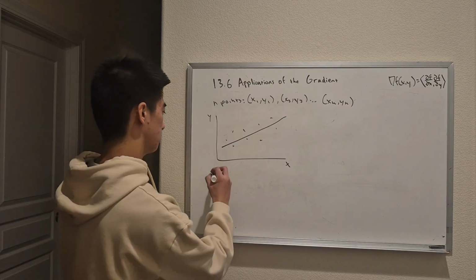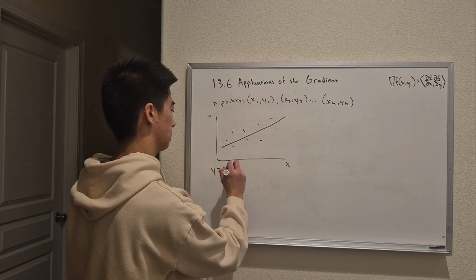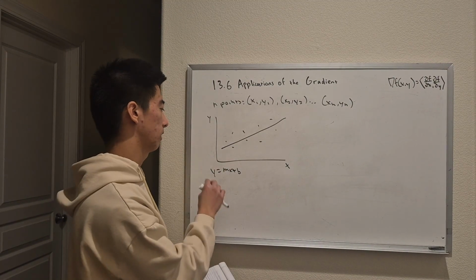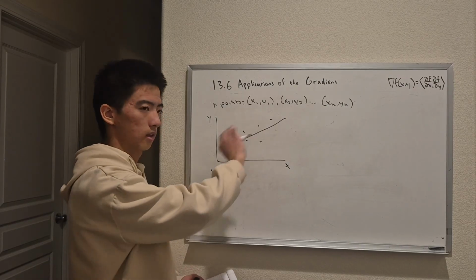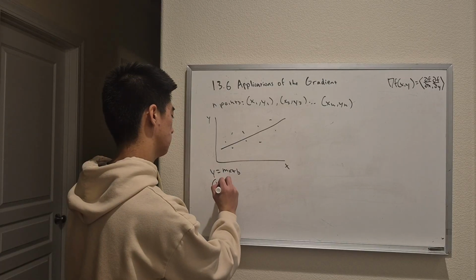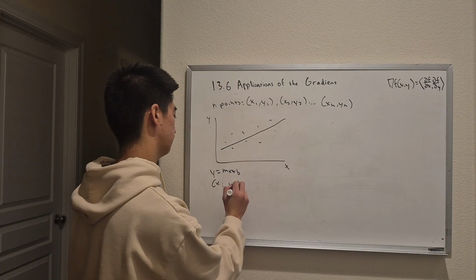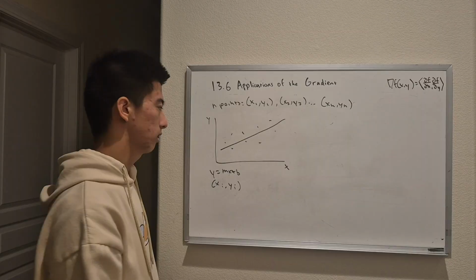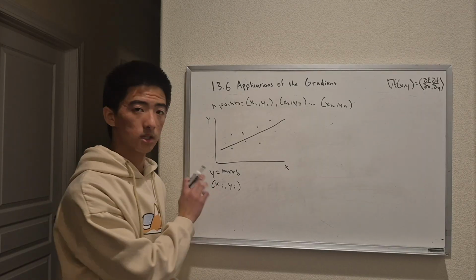So first of all, if we just have a line y = mx + b, how do we even define how good this line is at approximating these points? Well, let's just pick a point, (xi, yi), and find how good this line is just for this single point.